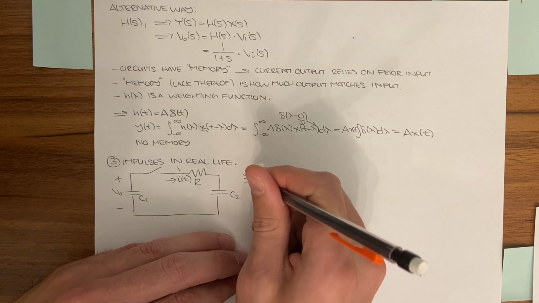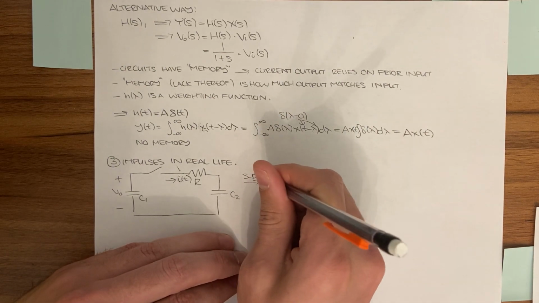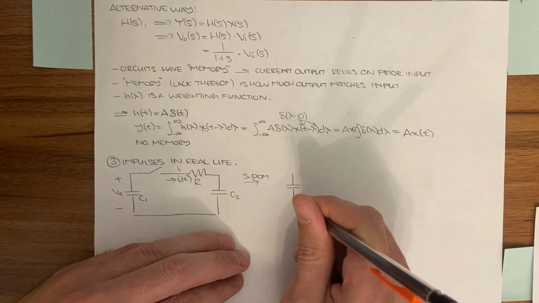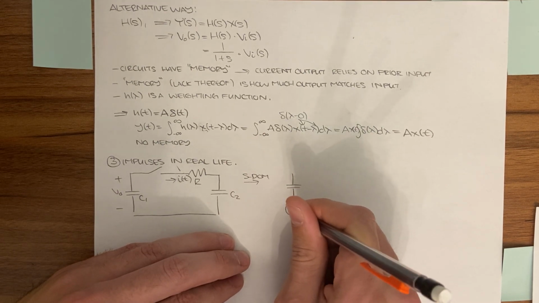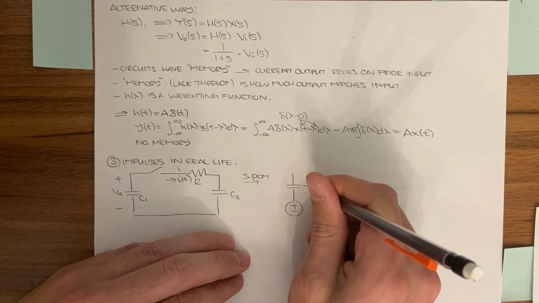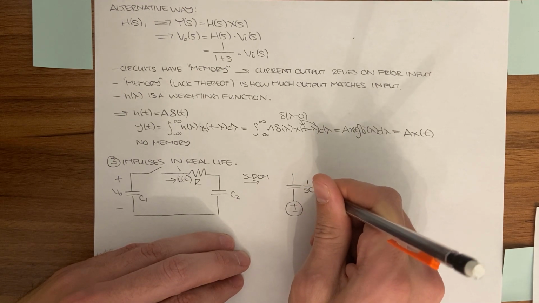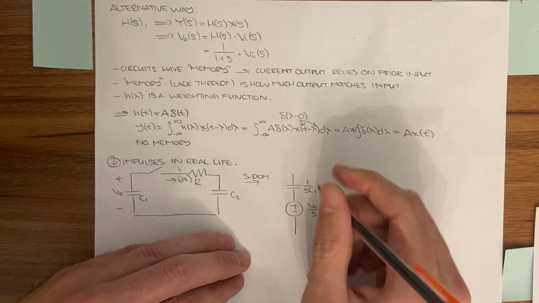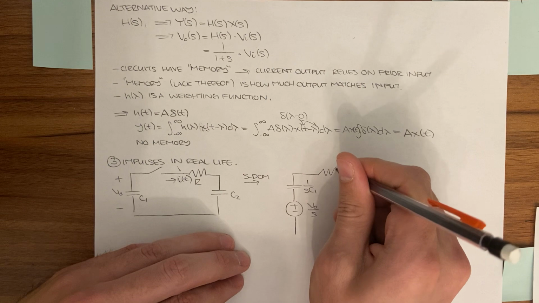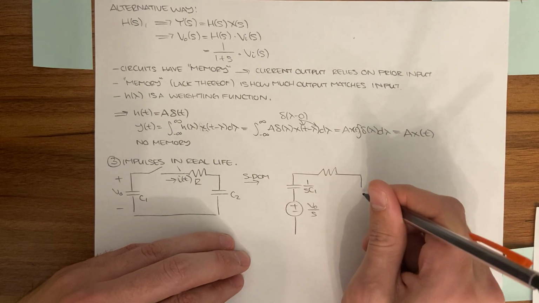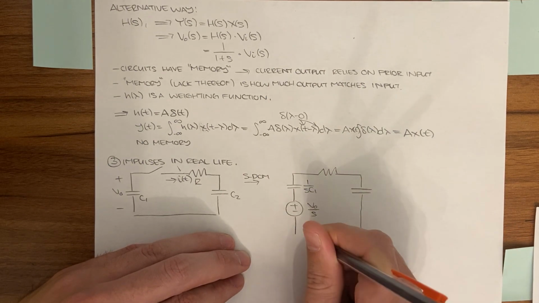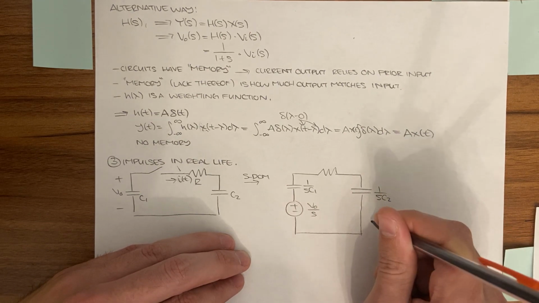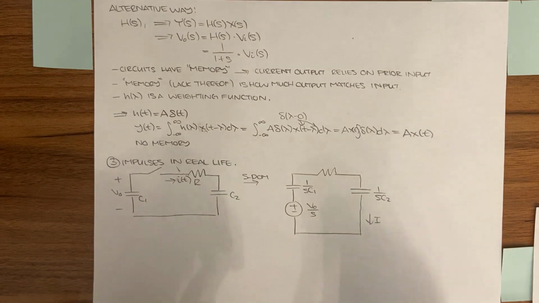Okay, so if we were to take this and put it in the S domain, what we'd end up with is a capacitor in series with a voltage source, okay? You have a resistor, you have 1 over sC2, and you have a current flowing through, okay?